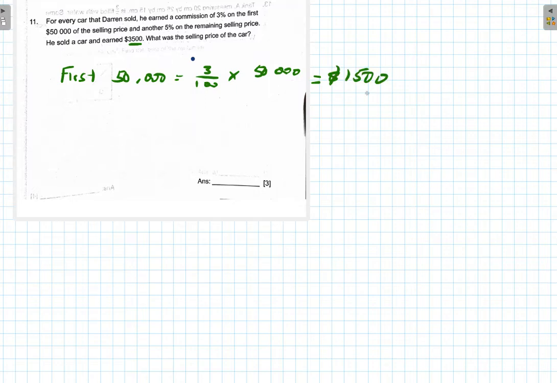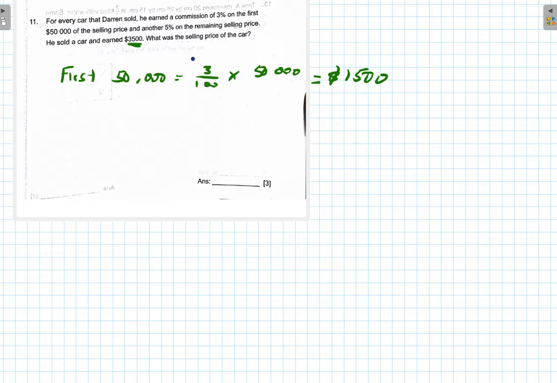So 3% of the first 50,000, right? Because of 3% from 50,000, he will earn a commission of 1,500, and he earns 3,500. So this car is definitely more than 50,000.